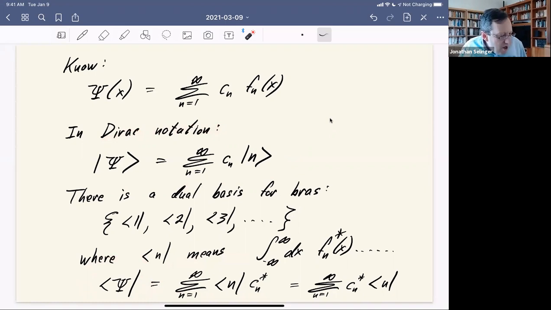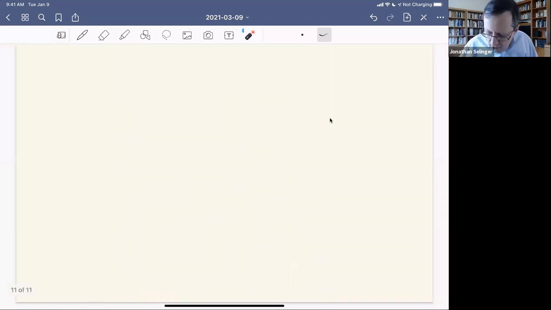So now all of our stuff with bases, we can write in this compact notation. For example, we talked about orthonormal bases.